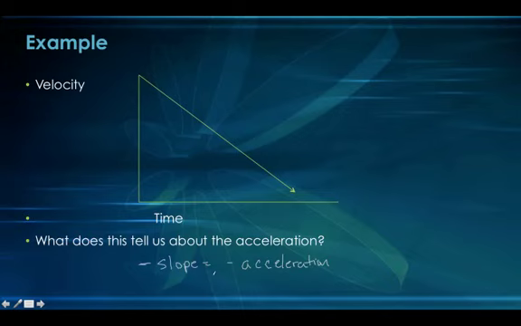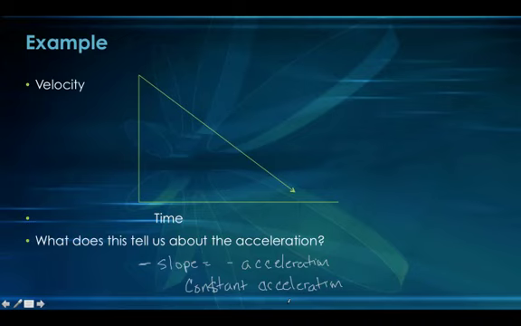Since I have a linear line, the slope is the same at every single point. So that means I also have a constant acceleration. So this object is slowing down and it is accelerating or decelerating at a constant rate.